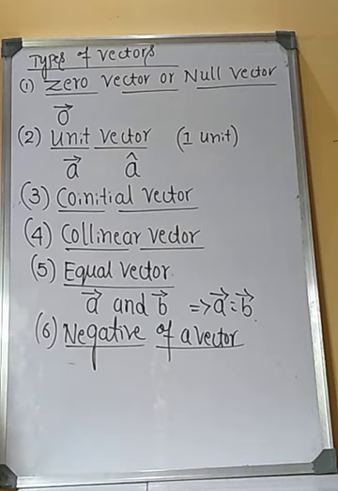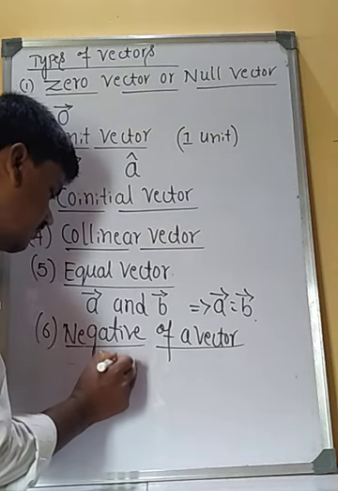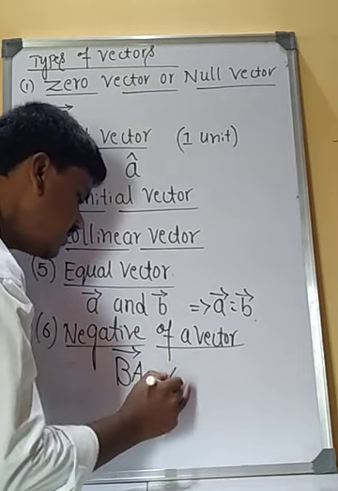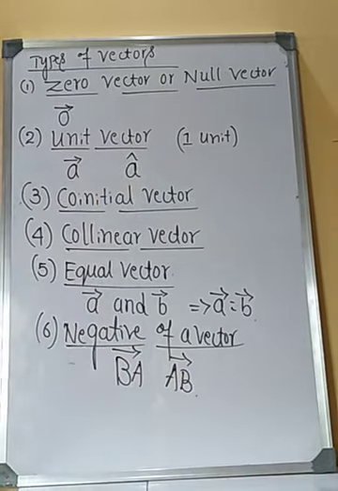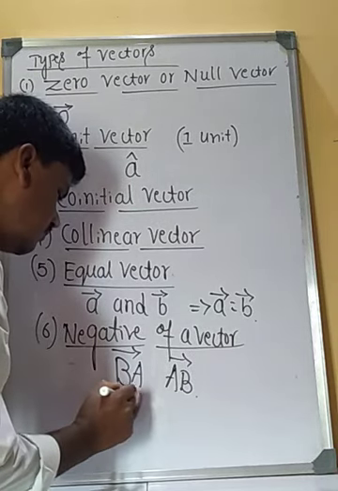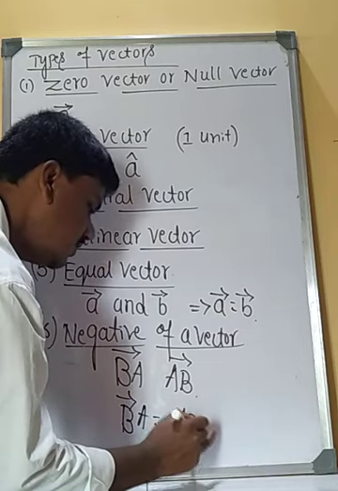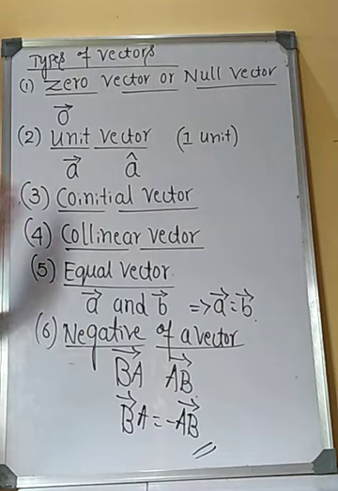For example, vector BA is the negative of vector AB. That can be written as vector BA is equal to minus vector AB.